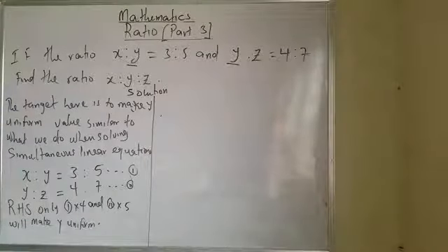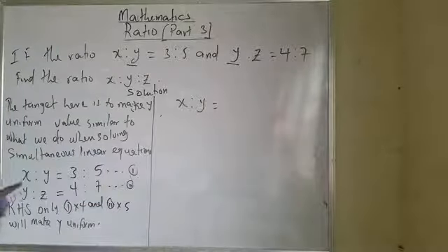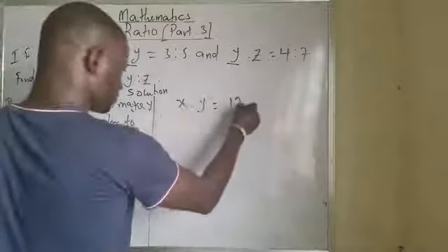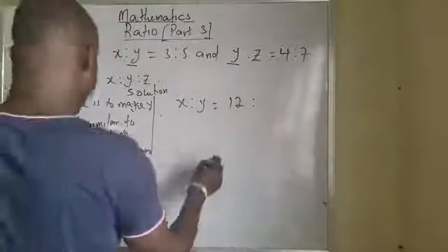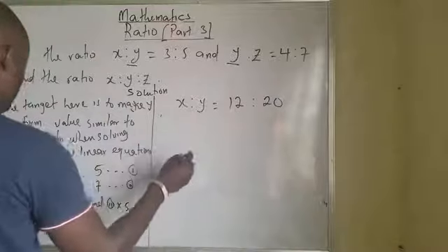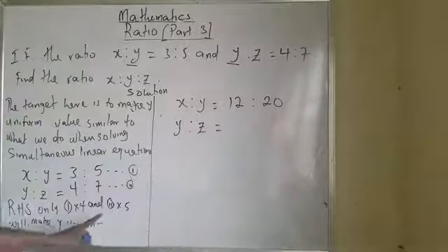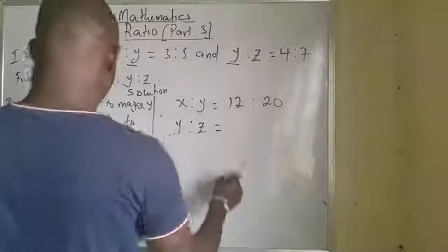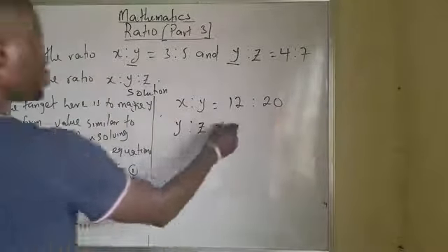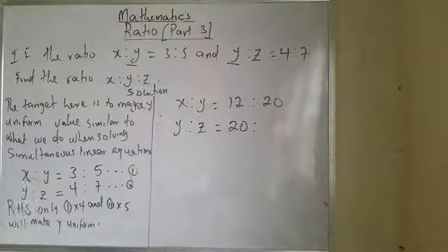Now, what I'm trying to say is that x ratio y will now equal, multiplying this one by 4, 12 ratio 20, and y ratio z will now equal, multiplying this one by 5, 20 ratio 35.